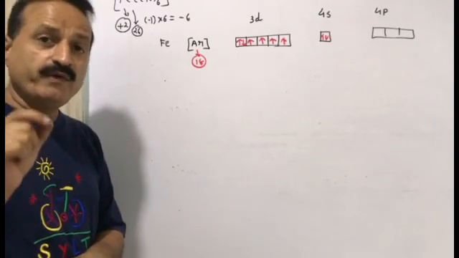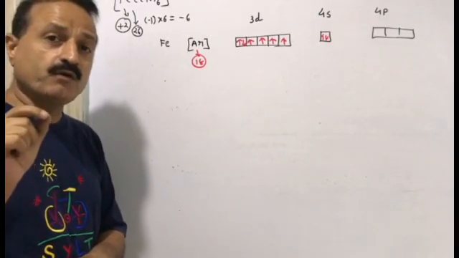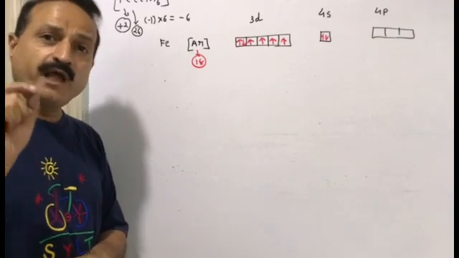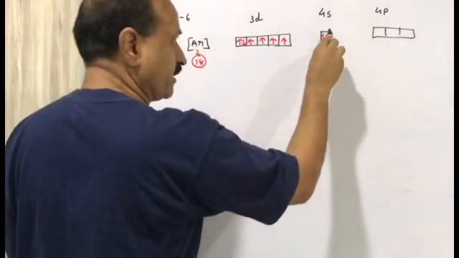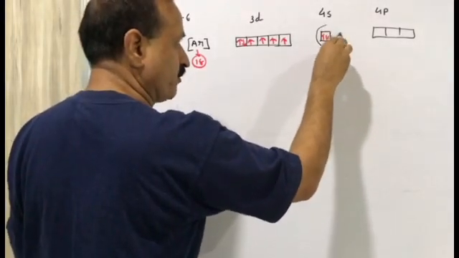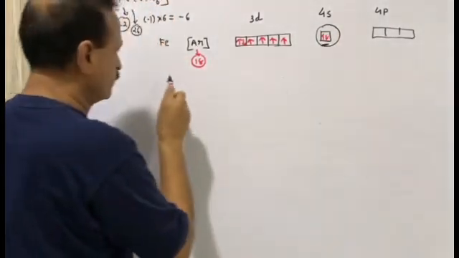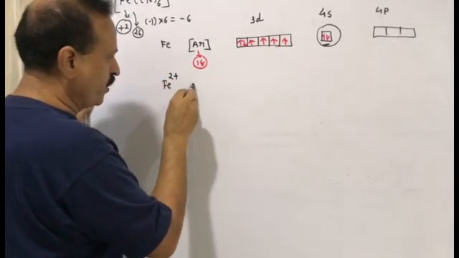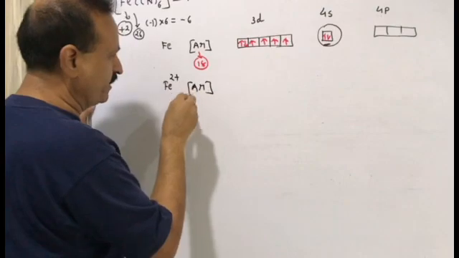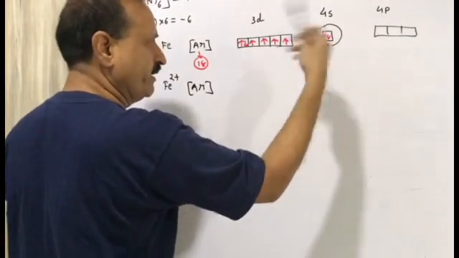Now the oxidation state of Fe is 2 plus. So we have to lose 2 electrons from the outermost orbital 4s. So what will be the electronic configuration of Fe2+? Argon 18, these 2 electrons will be released.